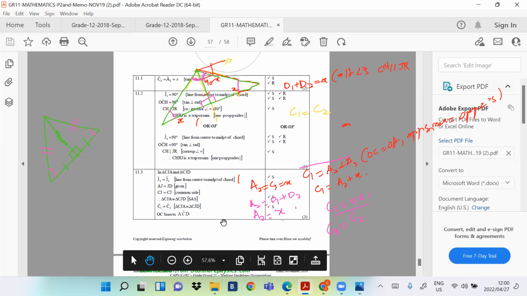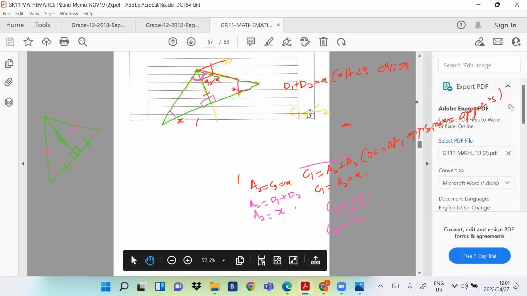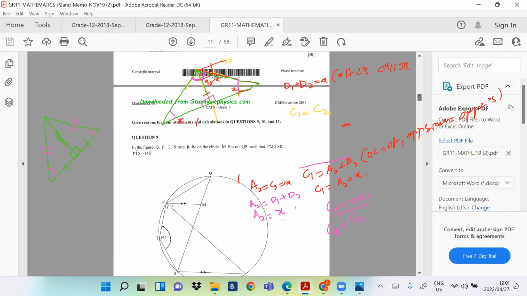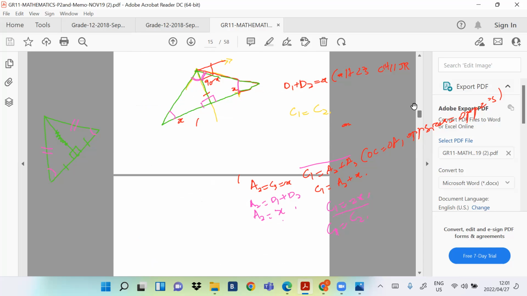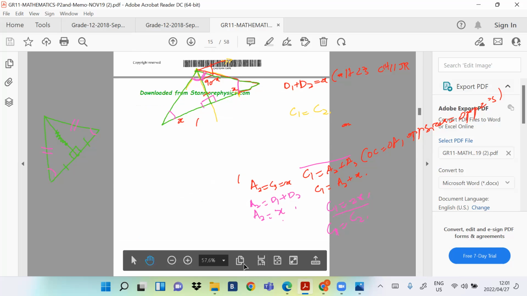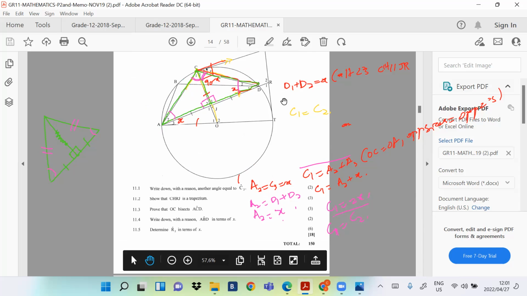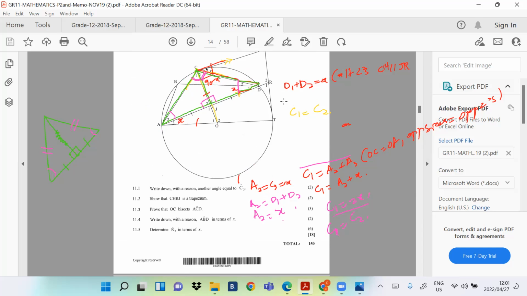Yes, it's exactly that. You see, they use congruence. Okay, so that's that. Then the next one.